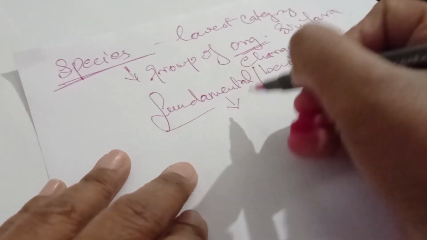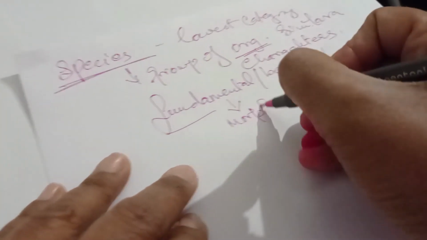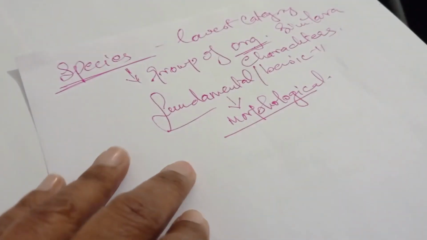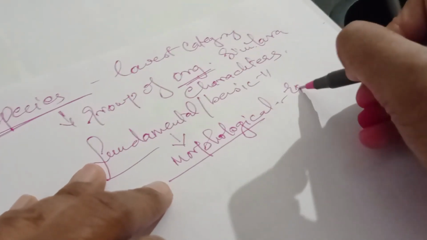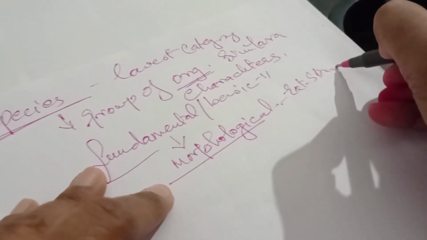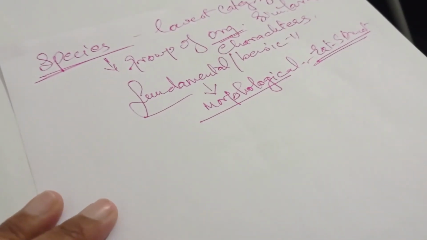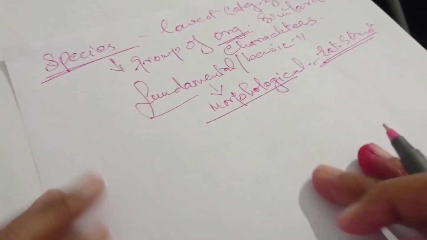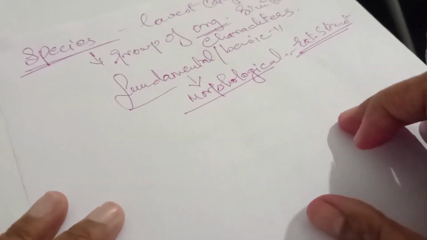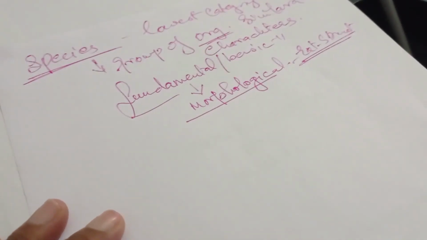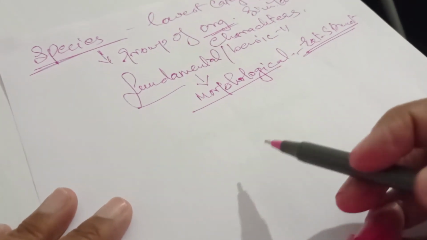And these are mostly the morphological characters. Morphology means external structure. When you see an organism externally, you can easily say that this organism is this. For example, if you see a mango, you can very well identify that this is a mango.